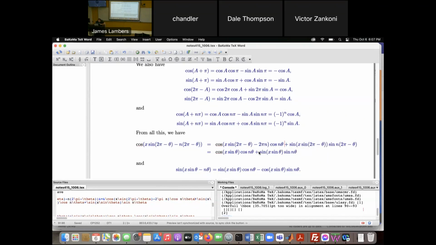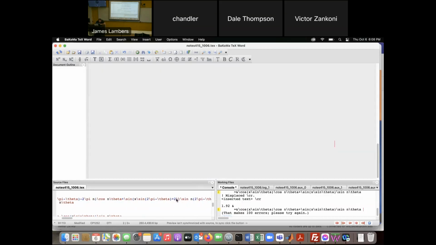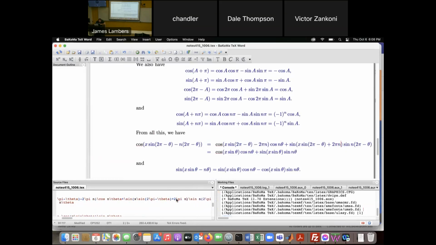And here plus, and this ends up being, so then if I throw in a 2 pi n. And then here I have sine of minus.